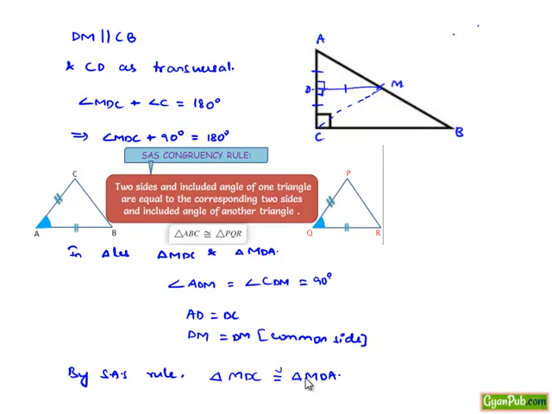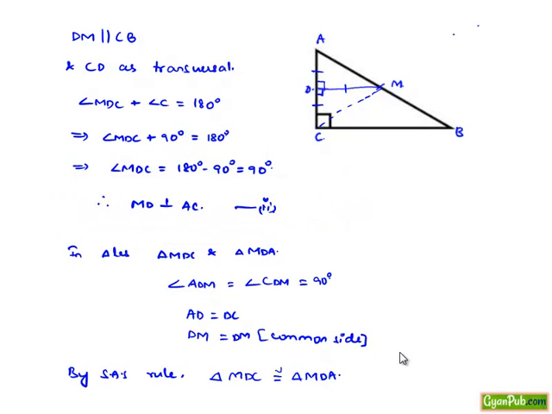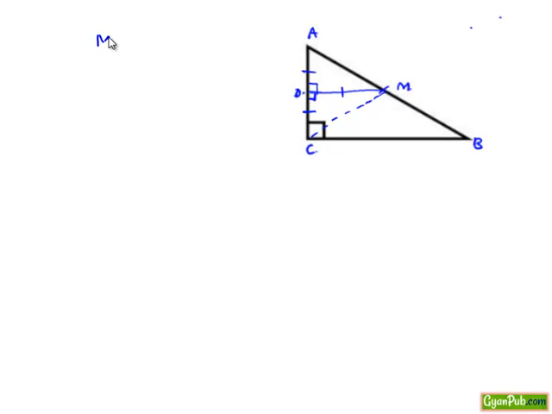When two triangles are congruent, then their corresponding sides and angles can be equated. Therefore, we can say that MC here can be equated to MA. In the above, we got that MC is equal to MA. Now, in the first step, he has given that M is midpoint of hypotenuse AB. So we can say that MA is equal to MB, which is equal to half times AB.